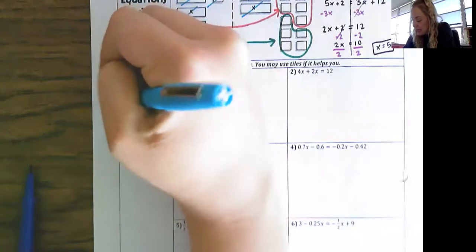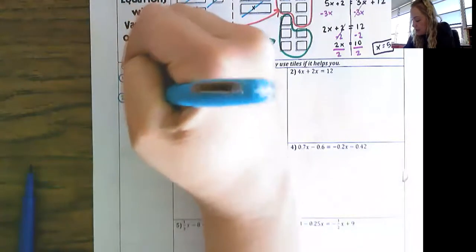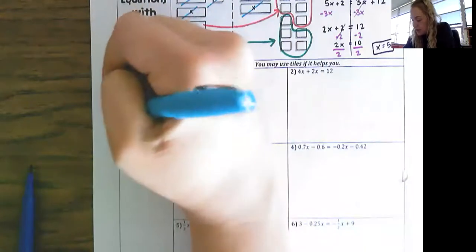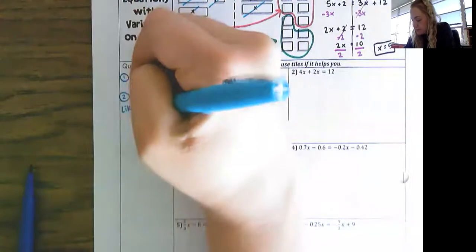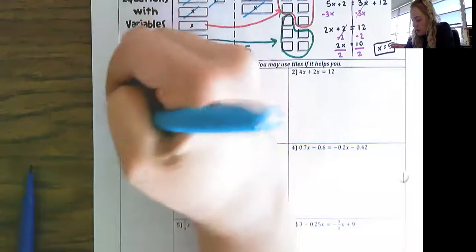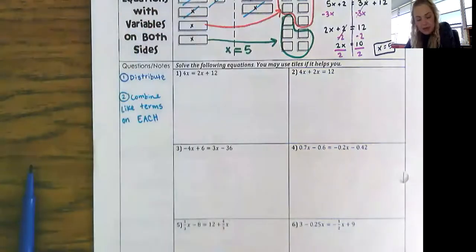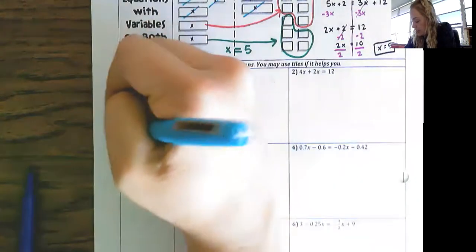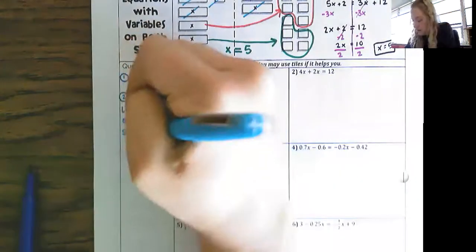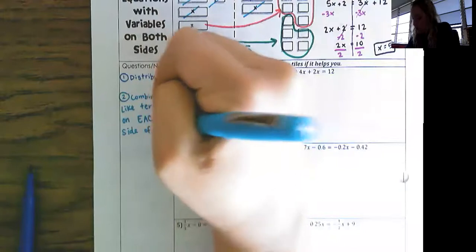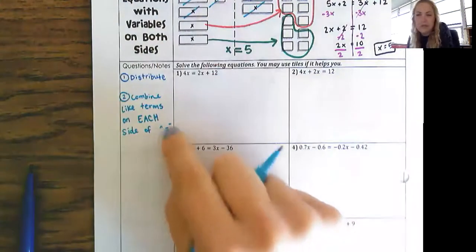Okay, after you distribute, the second step that I'm going to write is combine like terms on EACH side of the equals. I'm putting the word each in caps. Equals is just in parentheses.